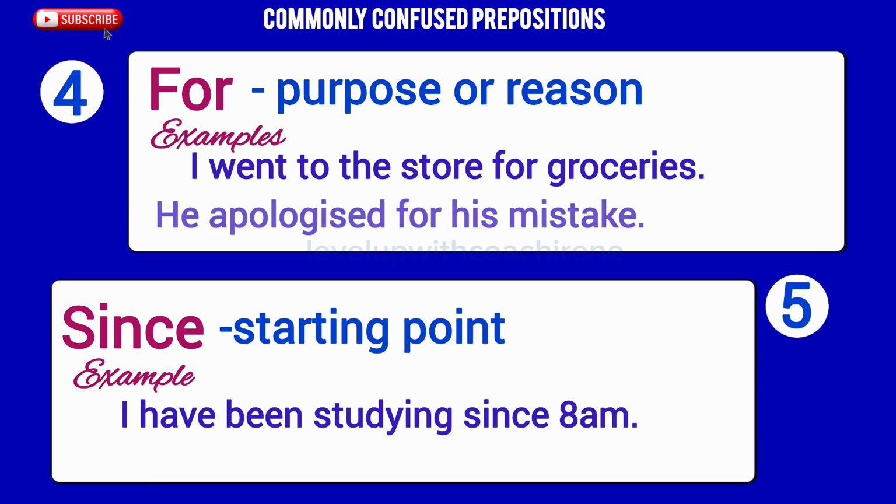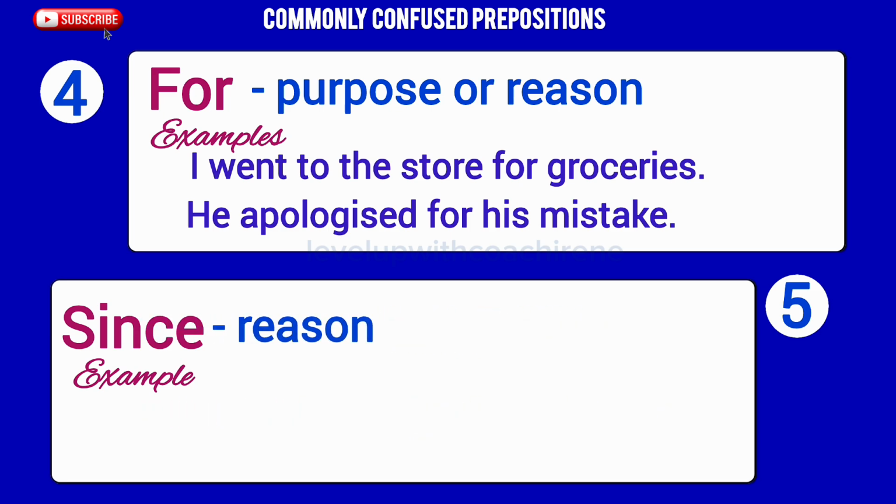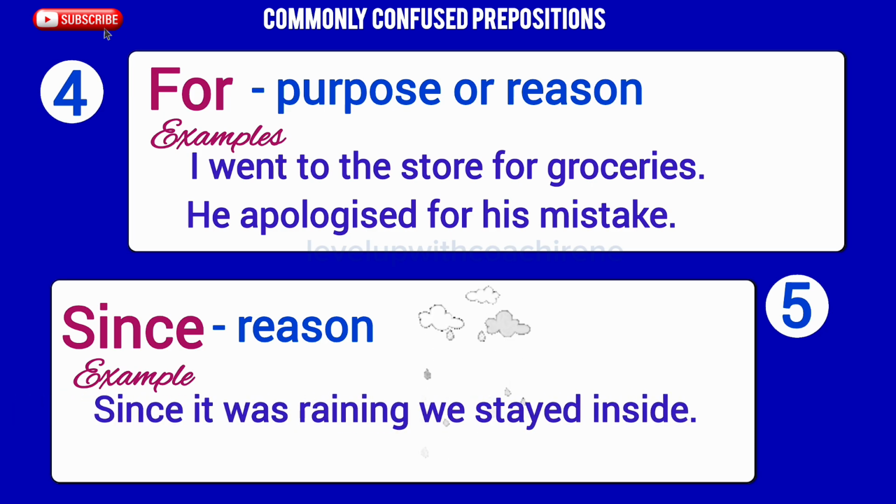For example, he apologized for his mistake. This sentence shows reason. The reason for his apology was his mistake. Since can be used for reason. For example, since it was raining, we stayed inside. The reason for staying inside is the rain.